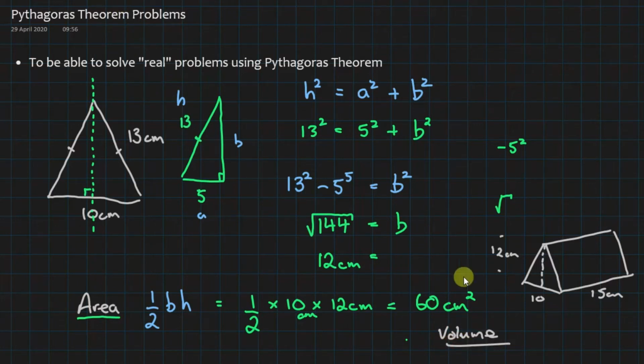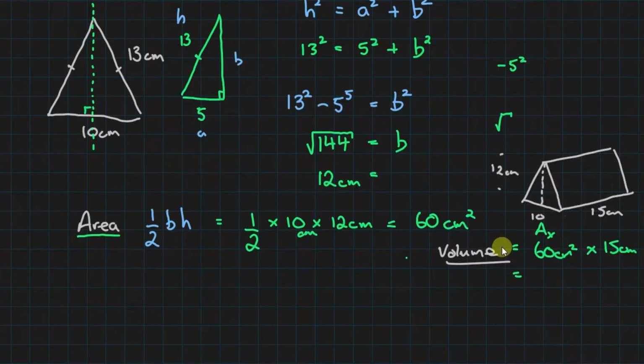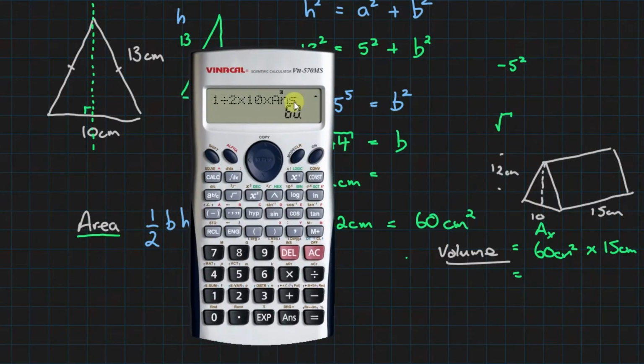is going to be the area of the cross section, 60 centimetres squared, times by the length, 15 centimetres, and that is going to give me 900 centimetres cubed. So there's my 60 on the end.